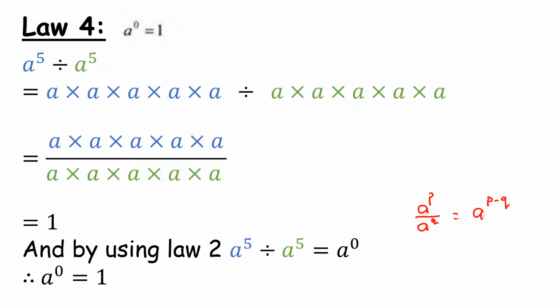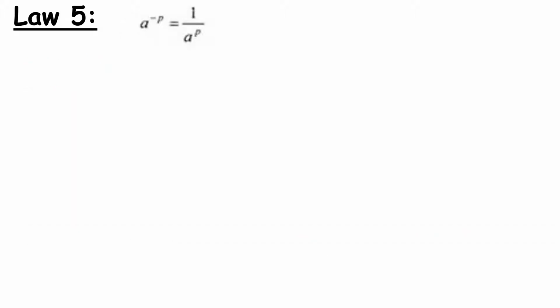As a way to remember this, a to the power of 0 is basically the answer for any number divided by itself, and that is why we get it equal to 1. So if you had 3 to the power of 0, basically you had 3 to some power divided by itself, which gave us 1.